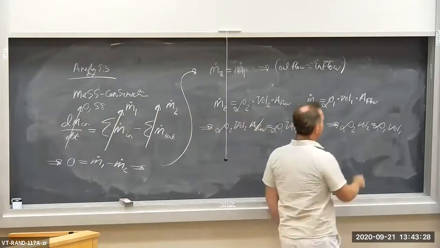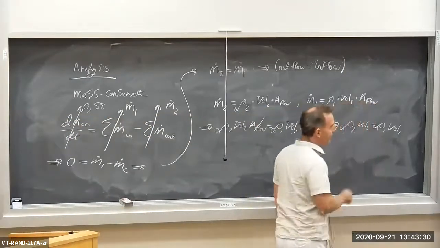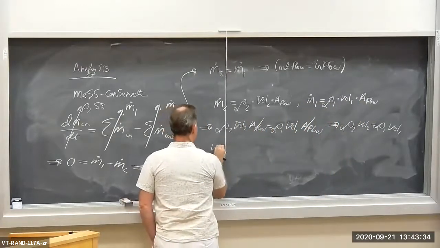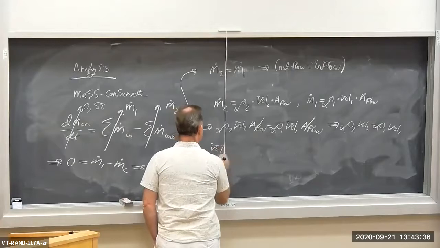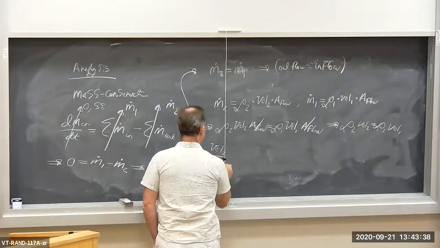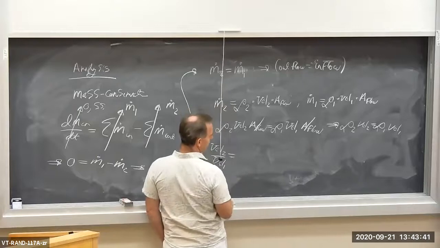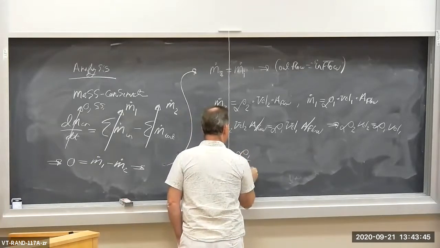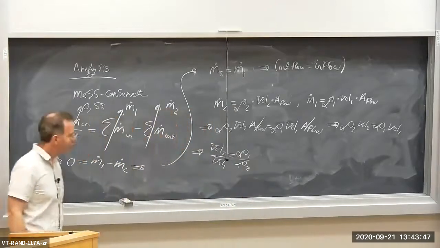Let's solve for the ratio VEL2 over VEL1, which is what we want. Velocity at the outlet divided by velocity at the inlet is equal to density at the inlet divided by density at the outlet.